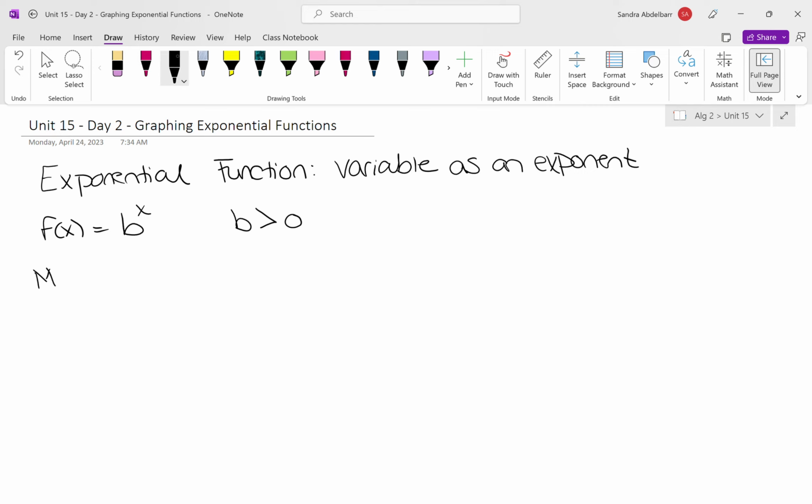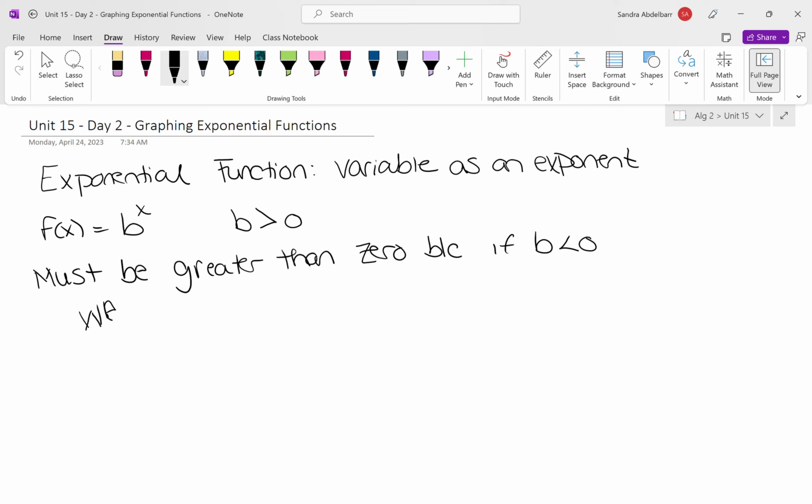So let's write that out for you. Must be greater than 0 because if b is less than 0, we have the potential of getting imaginary solutions.